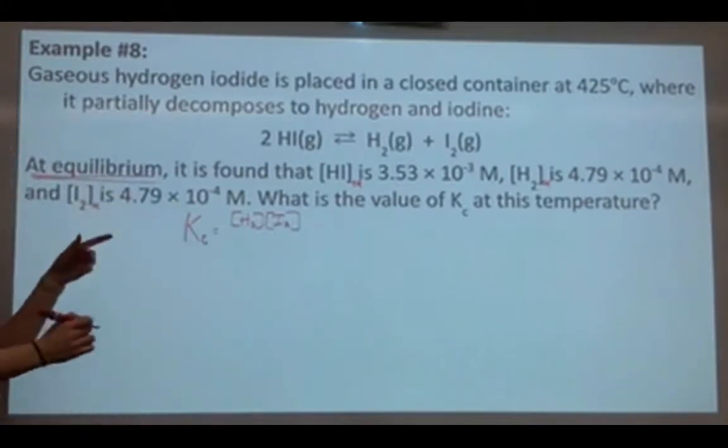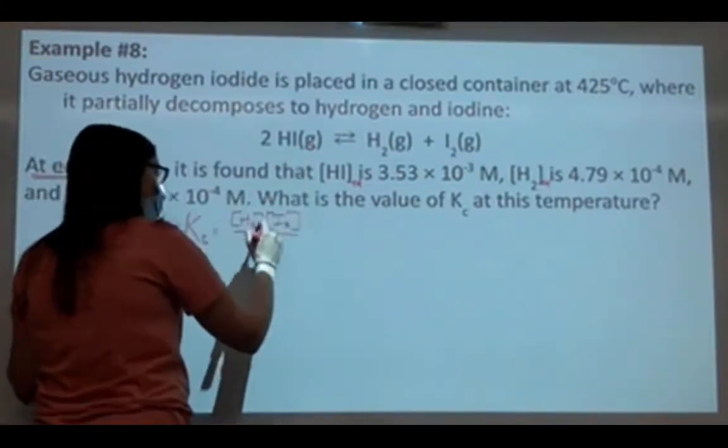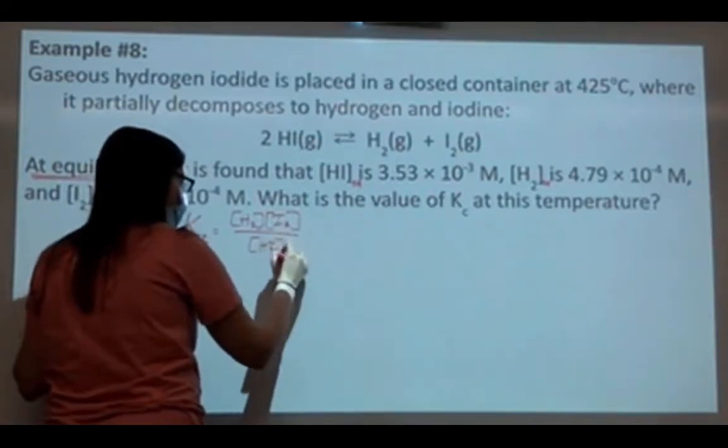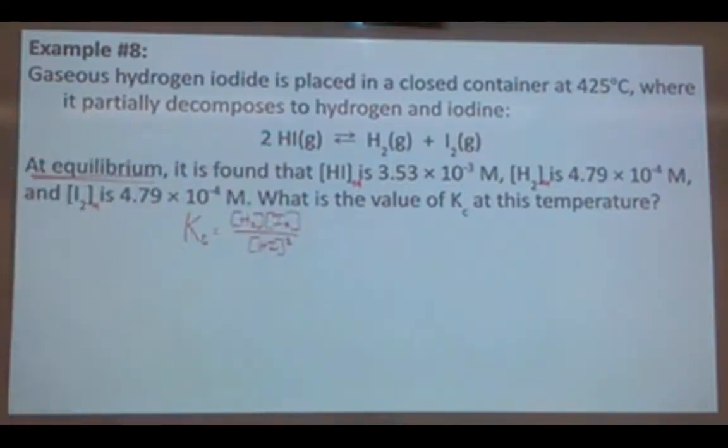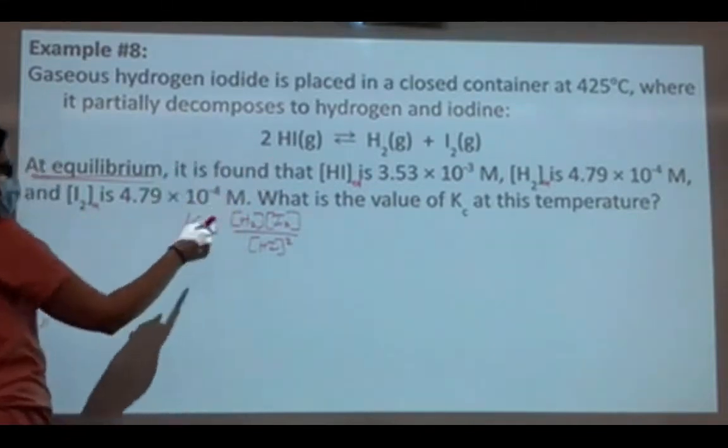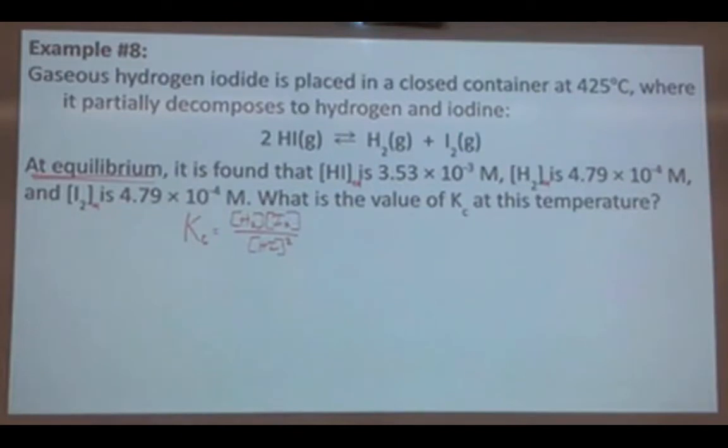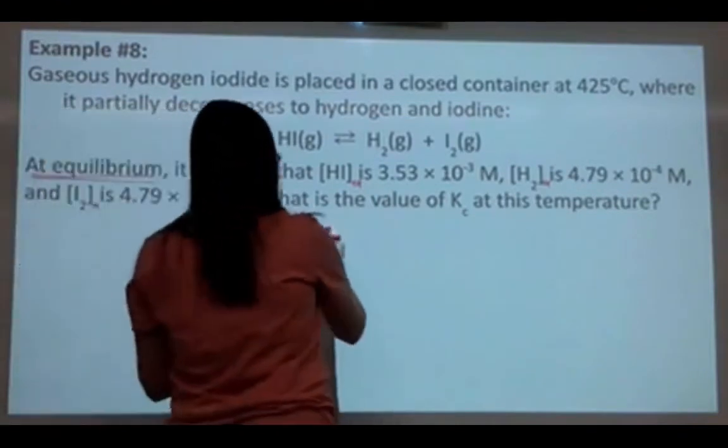Concentration of H2 times concentration of I2 over the concentration of HI squared, because of that 2. The reason that I say it's a really good habit to write the expression first is because sometimes on free response questions, they give you a point for having the expression, even if they don't outright say, write the expression.